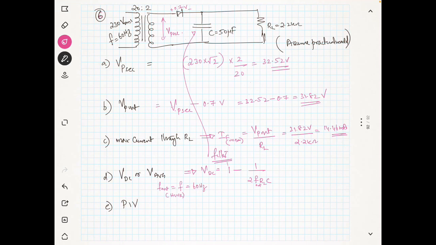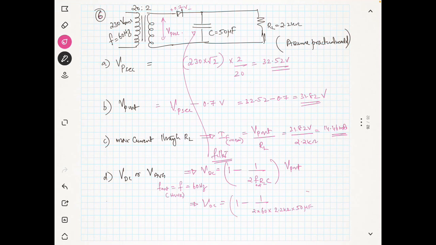So it is into C into VP out, you can see here. If you substitute all the values, VDC is equal to 1 minus 1 by 2 into F, which is 60, into RL, which is 2.2 kilo, multiplied with C equal to 50 microfarad.